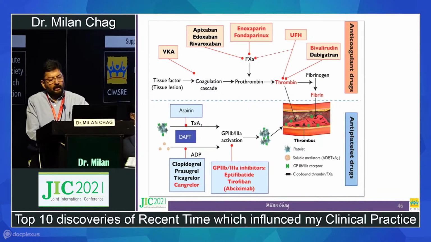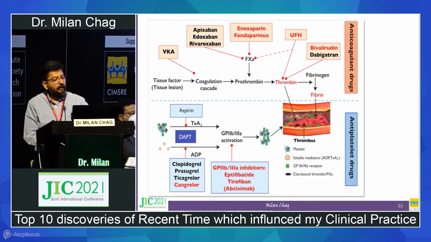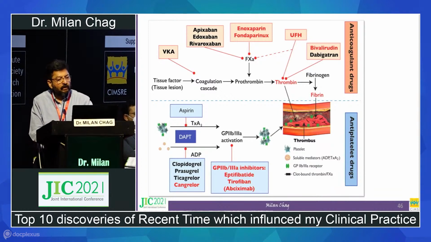So we now have so many options for anticoagulants and antiplatelets which act at different levels in the coagulation cascade. We have vitamin K antagonists like warfarin, oral and injectable factor 10A inhibitors like apixaban, edoxaban, and rivaroxaban. Injectables are enoxaparin and fondaparinux.